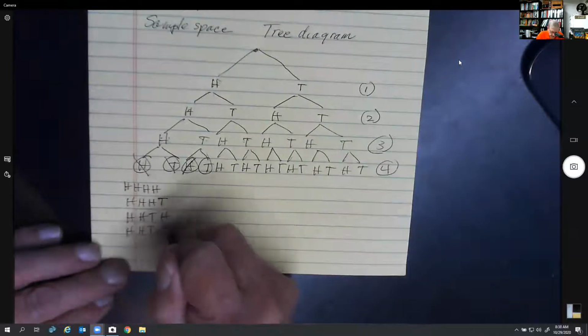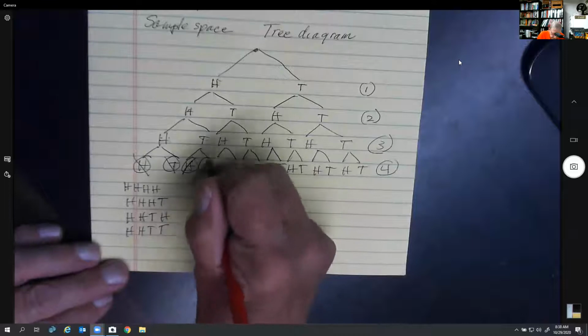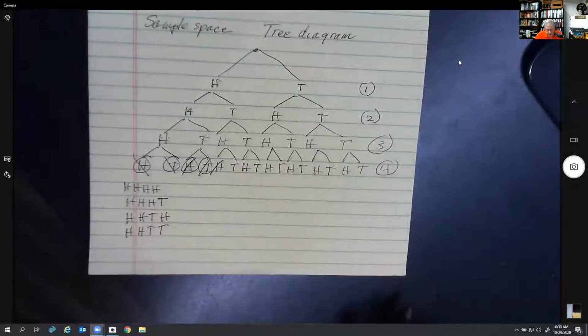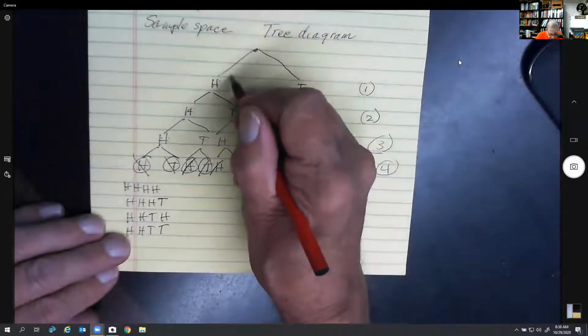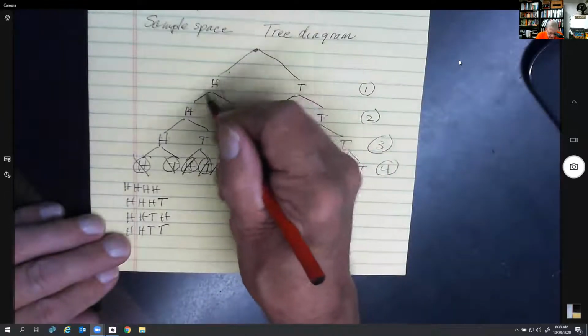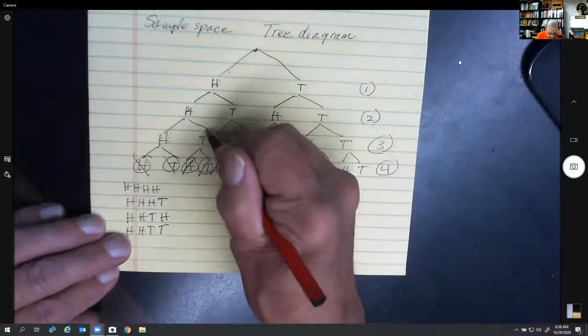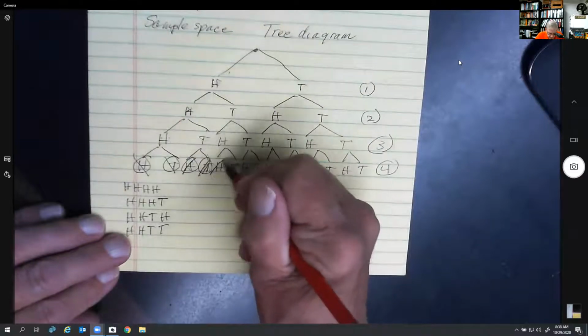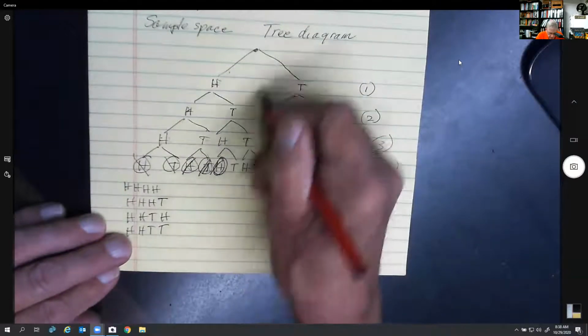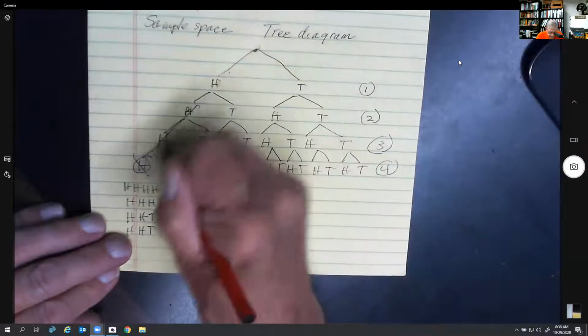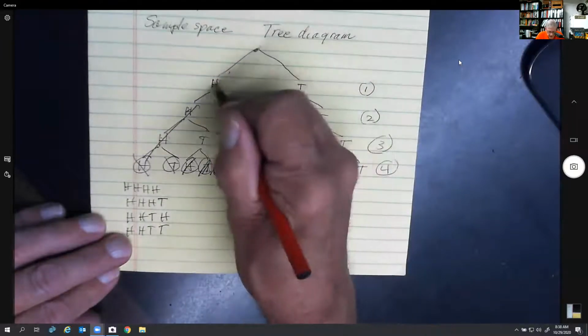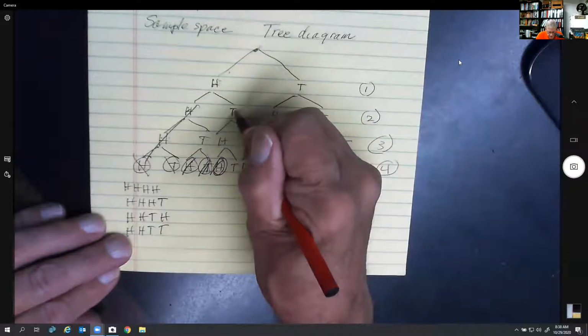The reason I'm doing it this way is so we list all the combinations, which is sometimes hard to do. Got that one, not this one yet. Let's circle that one. This group is done.